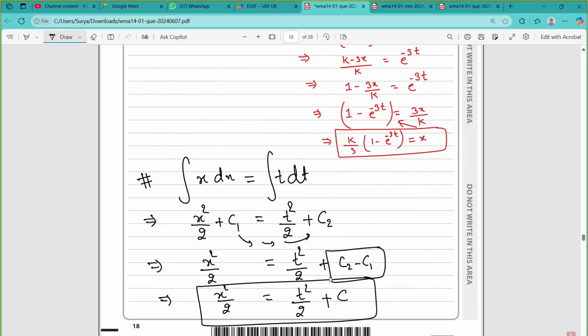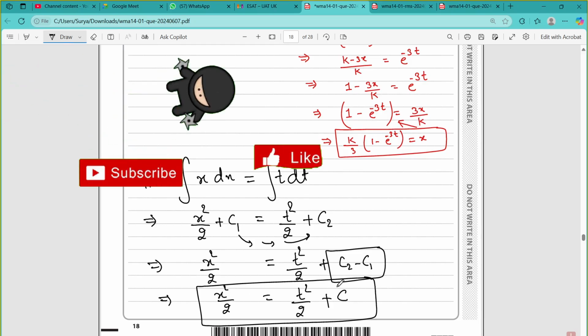So the concept is, if you have integration on both sides, or multiple indefinite integrations in a single line, you should not write your indefinite constant in each and every integration. It is just a wastage of time, just misusing the ink of your pen. You should write the final constant c on any side, either left side or right side, it doesn't matter.